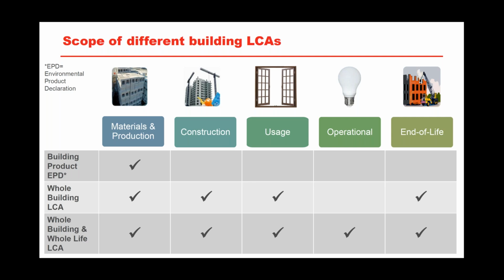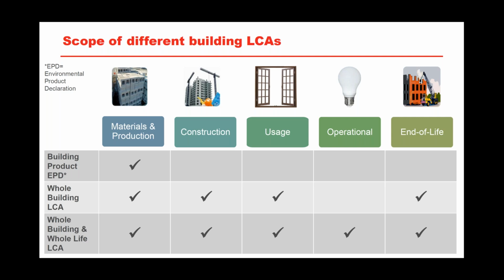And this is contrasted with whole building and whole life LCA, which includes the operational phase as well, like electricity usage or water usage, things like that. And the terminology on that last one, there's a couple different opinions, and to be honest, I don't have one that I like the best yet. But it's just differentiated from whole building, which actually is just on what we call the embodied impacts of the building in the materials and the construction.